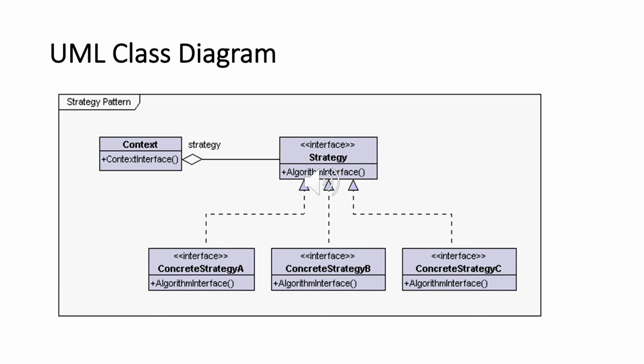It works with all strategies through the same generic interface, which is the strategy interface, which exposes a single method for triggering the algorithm execution. This way, the context becomes independent of concrete strategies, so you can add new algorithms or modify existing ones without changing the code of the context or other strategies.